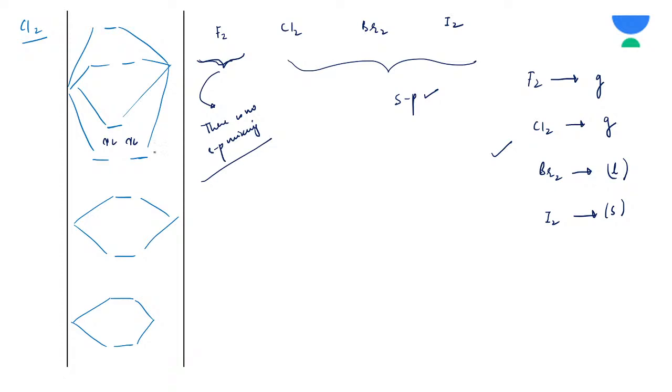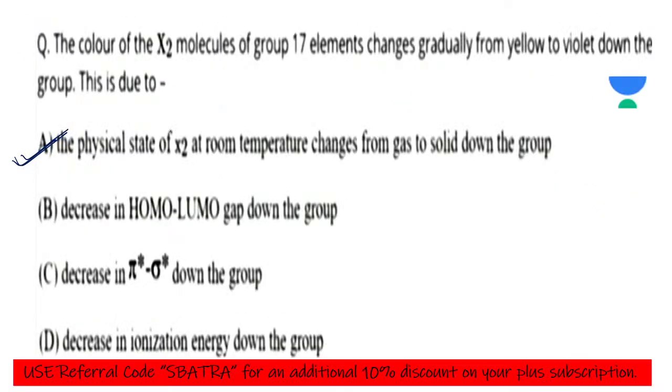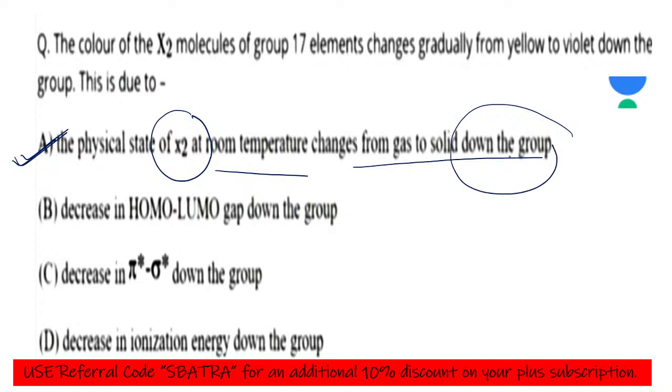See the physical state. The physical state of X2 at room temperature changes from gas to solid down the group. There is no information on color in this particular statement.